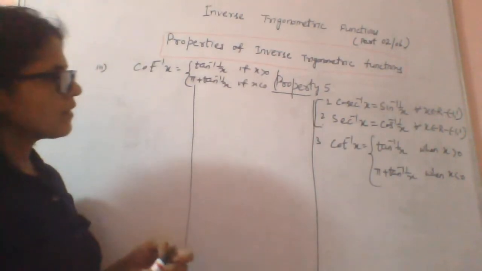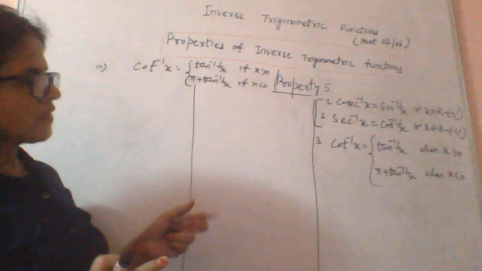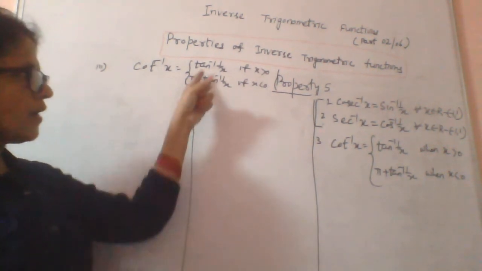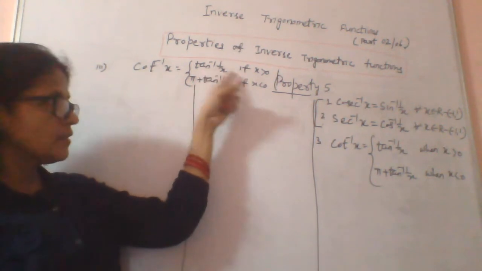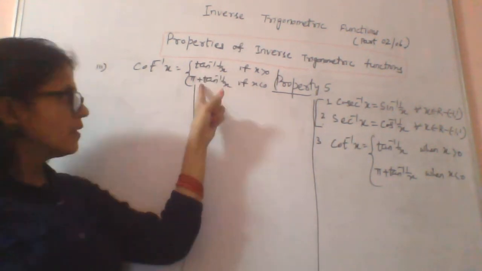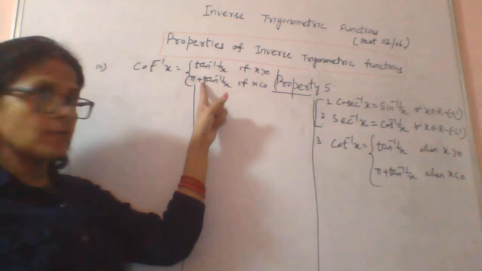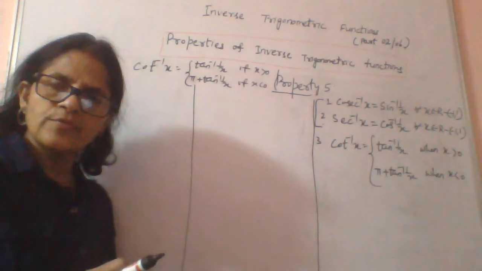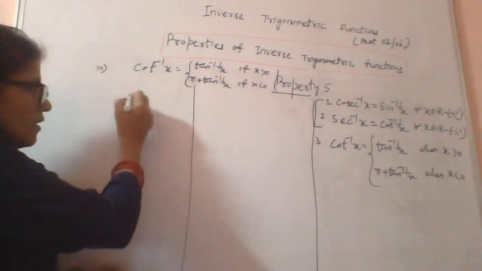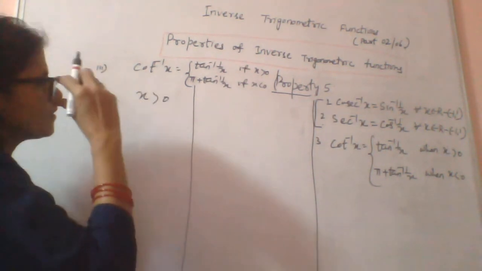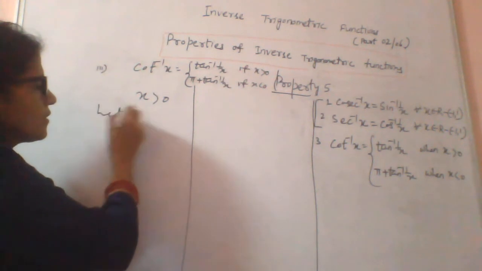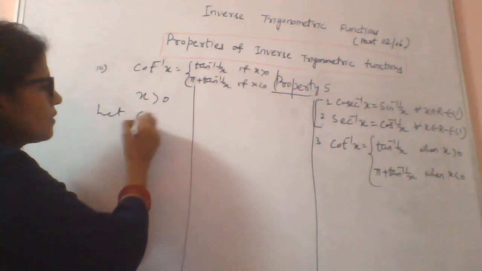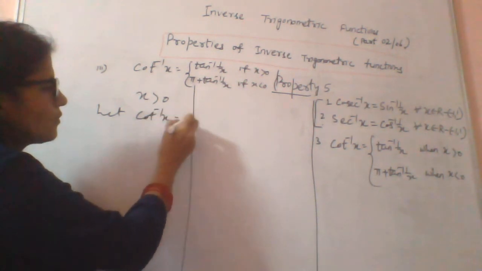So third part, as we just said, means cot inverse x equal to tan inverse 1 by x if x greater than 0, and pi plus tan inverse 1 by x if x less than 0. It means here we are having two cases. First case is case 1 when x greater than 0. Okay, so let cot inverse x equal to y.